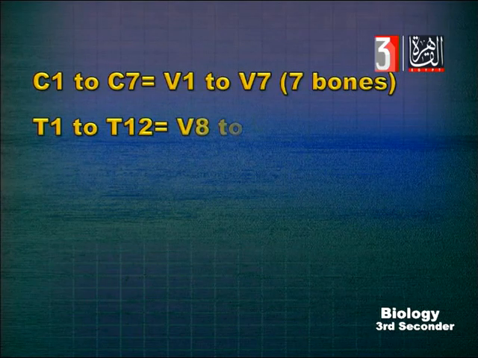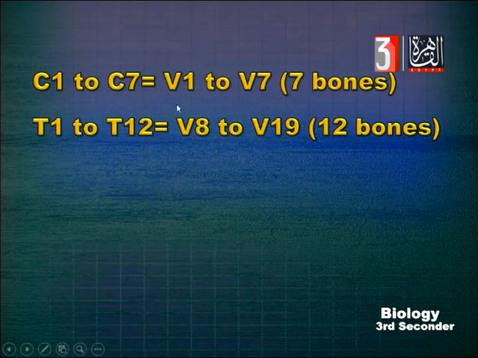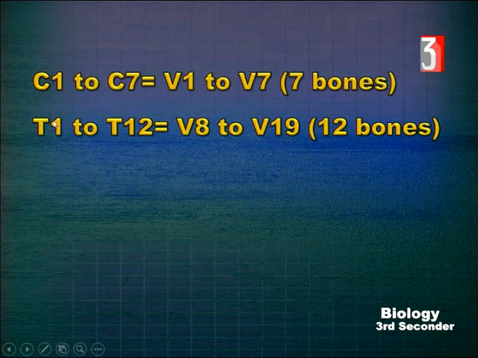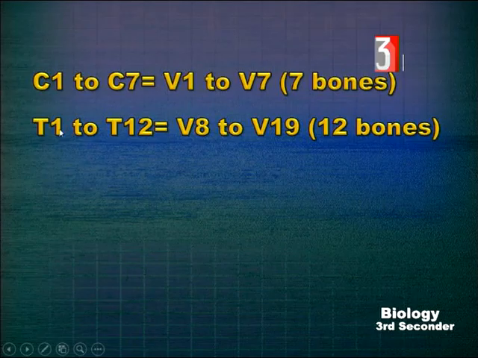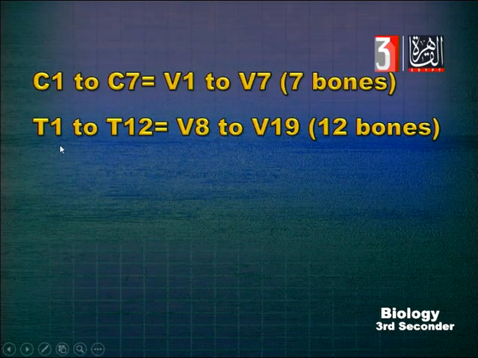From vertebra number 8 to vertebra number 19, we start the thoracic region. The first thoracic vertebra equals vertebra number 8 in the vertebral column. The second thoracic vertebra equals vertebra number 9. We add the number 7 of the cervical vertebrae.